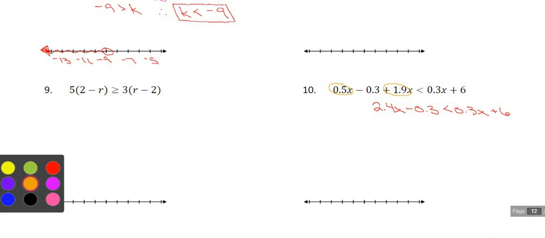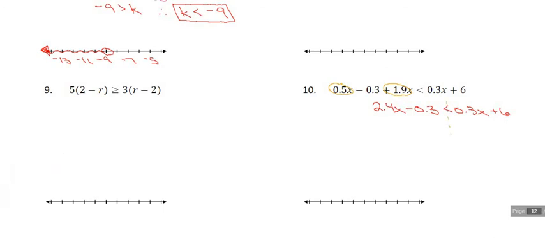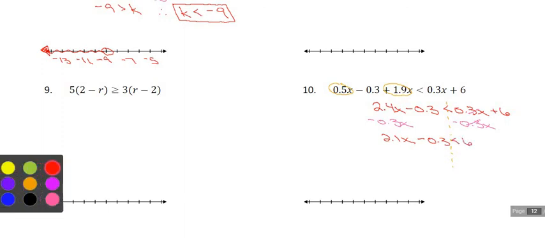So now we can go about our business. We've got variables on both sides now that everything is cleaned up on the left. And I'm going to select to put my variables on the left side because 2.4x is bigger than 0.3x. So if I subtract 0.3x from both sides, it's going to give me 2.1x minus 0.3 is less than 6.